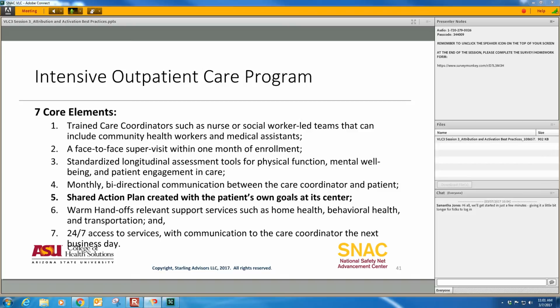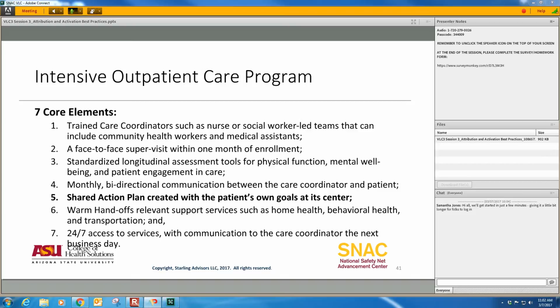Their second core element was an initial super visit within 1 month of enrollment. They had standardized assessment tools in a variety of capacities, and every provider and every patient had to complete that. They required monthly and confirmed bidirectional communication, so they wanted at least monthly contact between the care coordinator and all patients that are enrolled in the program.